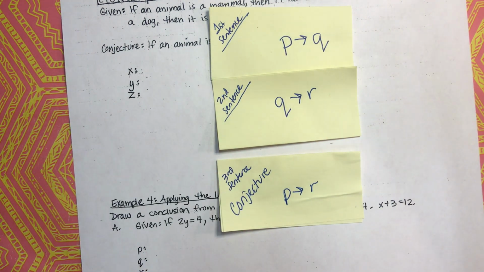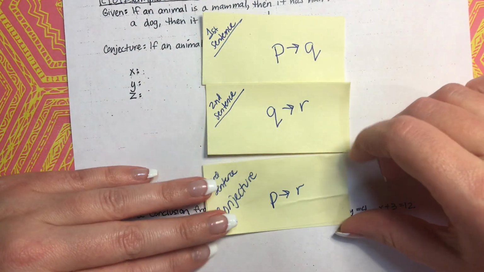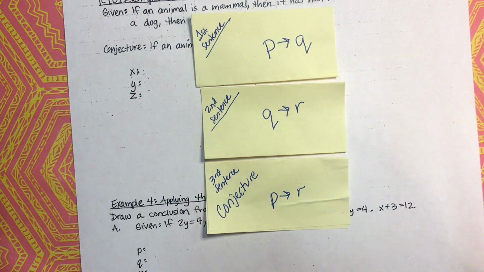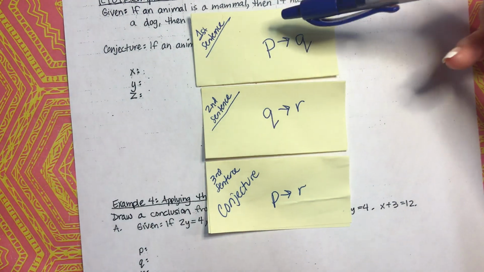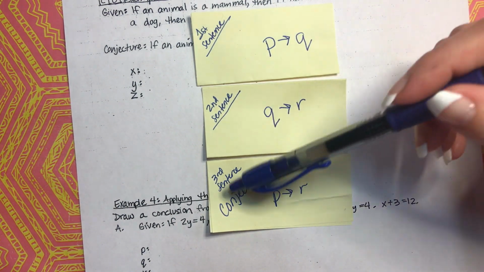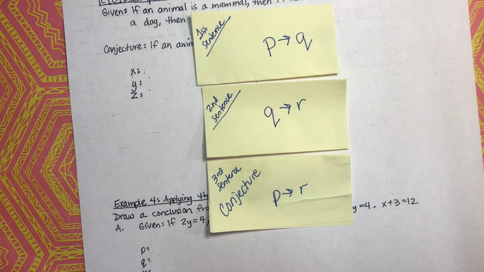Now, I'm going to try to give you hopefully a visual aid, and hopefully this will help before we get to the actual problem. So, for the most part, you're going to have the P to Q and then the Q to R in the second sentence. And the third sentence is going to be the conjecture P to R, like what we've talked about, right?